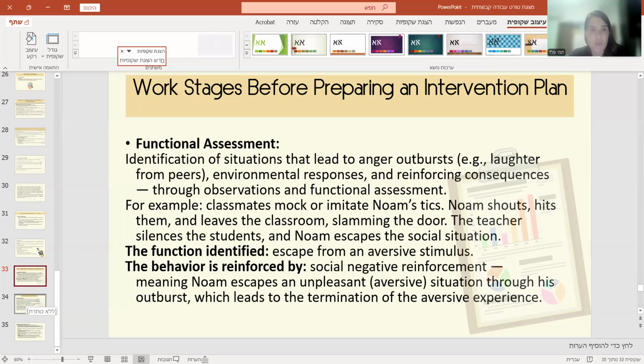The teacher silences the kids, and Noam escapes the social situation. The function identified is escape from an aversive situation. The behavior is reinforced by social negative reinforcement, meaning Noam escapes an unpleasant, aversive situation through his outbursts, which leads to the termination of the aversive experience.